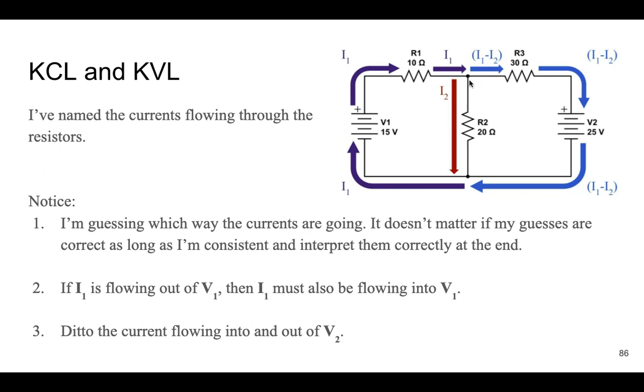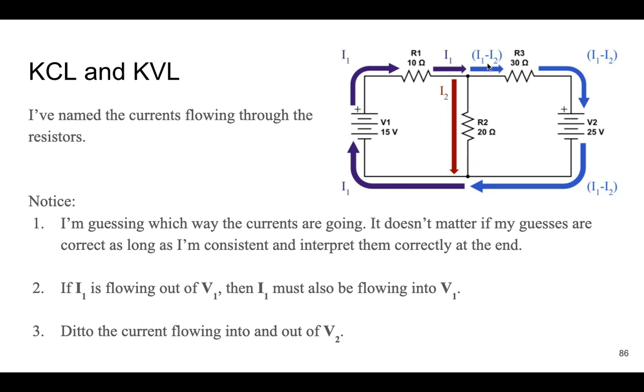There's a lot of different ways to do this. There's 2 different ways to do this. 2 is not really a lot. A lot of people would say call this branch up here I3, and you can totally do that. The problem is then you would end up having 3 unknowns, I1, I2, and I3. I think it's much better, instead of doing that, to apply KCL at this point and say that if I1 is coming into here and then I2 is going out here, then what's going this way must be what's left.